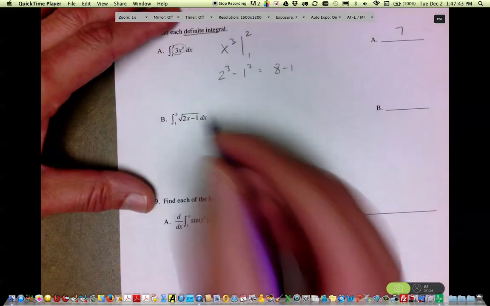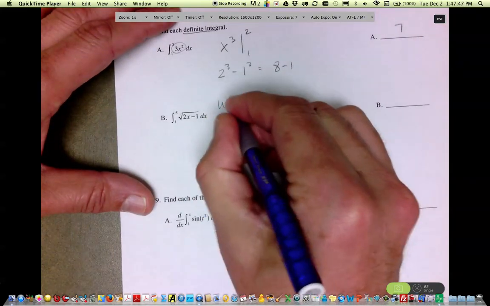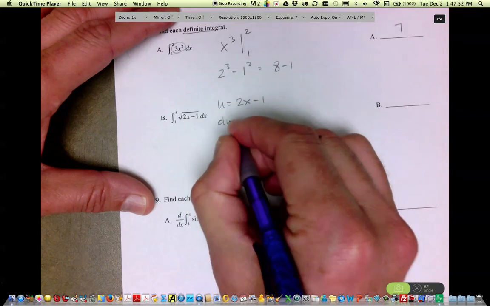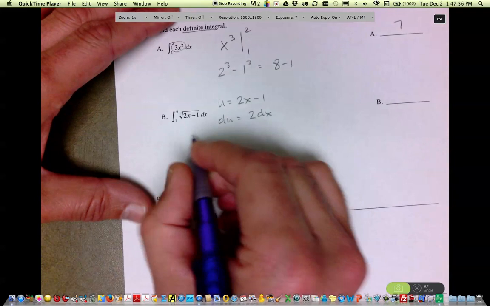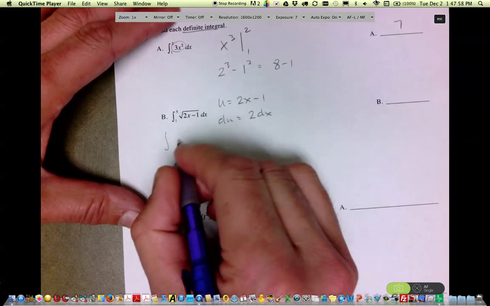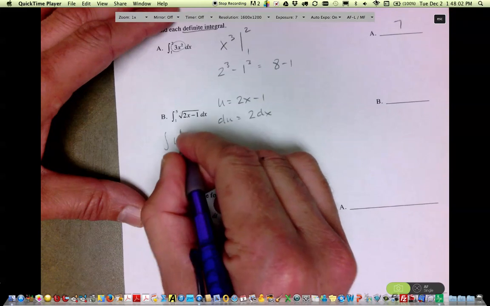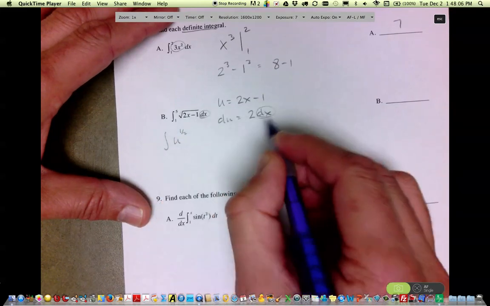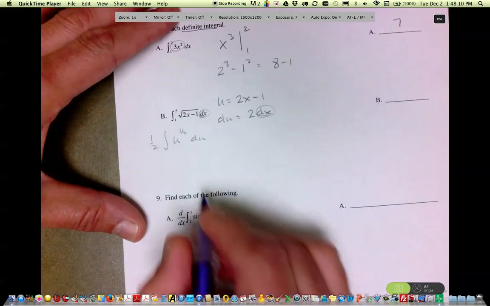Here I think I want to use a u substitution. Let's let u be 2x minus 1. Du then is going to be 2 dx. So if I think about this integral, this is going to be an integral of the square root of u. We'll write that as u to the 1/2. Then dx is going to be equal to 1/2 du.